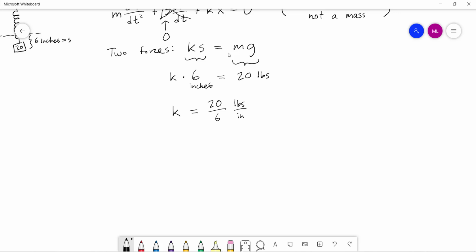And we can simplify 20 over 6 down to 10/3, or write it as a decimal, 3 and 1/3. So 3.3 repeating pounds per inch is our spring constant in this particular case, assuming I didn't totally butcher that. Okay, so that is the spring constant.